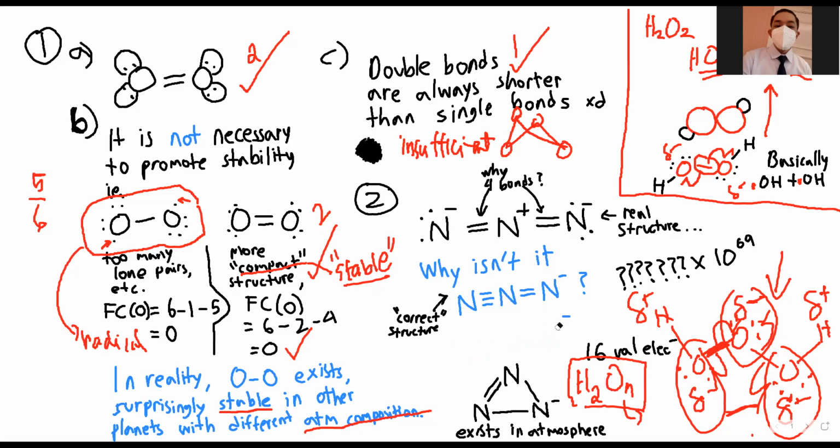So, the thing here is that I just typed this. This should be the structure. Why? This is chemically correct. Actually, it's not chemically correct, because nitrogen doesn't usually form single bonds, and they're incredibly weak.